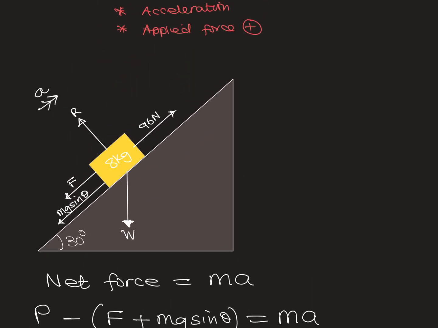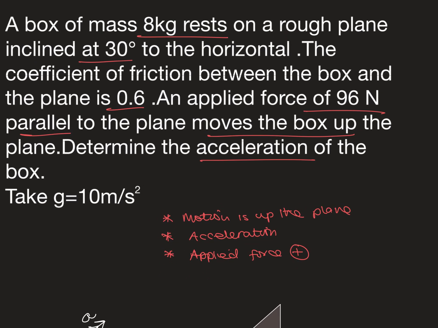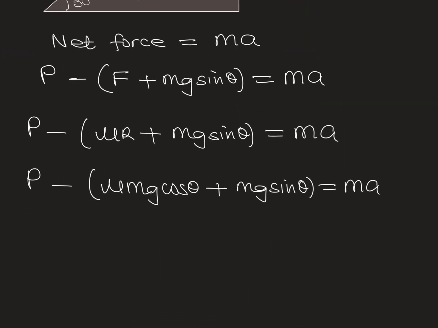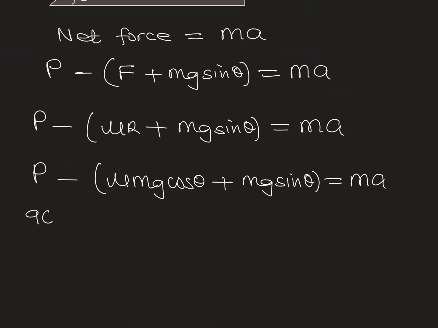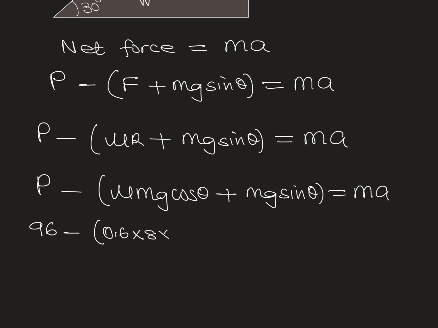I think we can now substitute the values. Mu is 0.6. The applied force is 96. So the applied force is 96 minus mu, 0.6, multiplied by the mass of the body, 8 kilograms, multiplied by 10 cos 30 plus the mass of the body, 8 kilograms, multiplied by 10 sine 30.